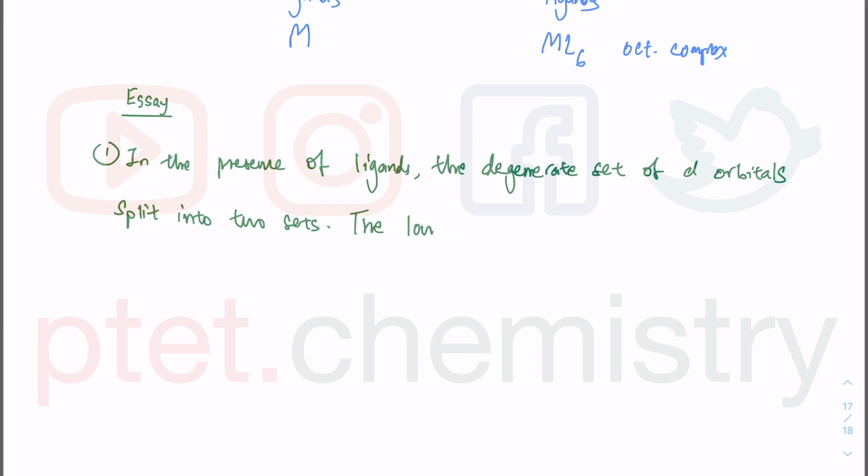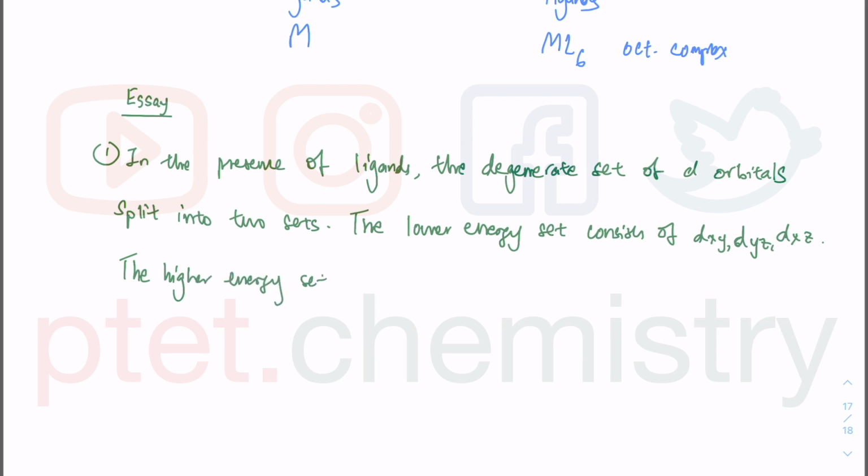The lower energy set consists of dxy, dyz, and dxz. The higher energy set consists of dx square minus y square and dz square.